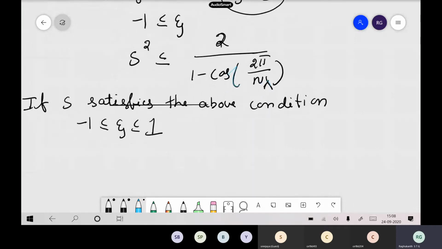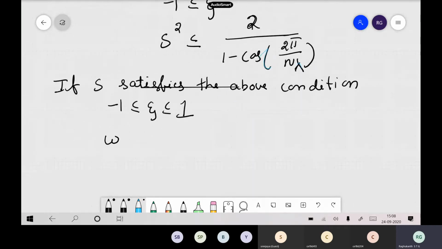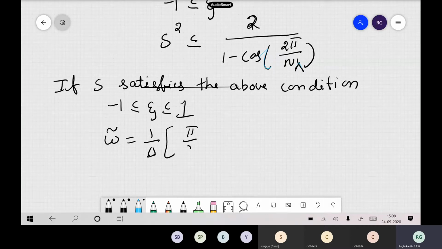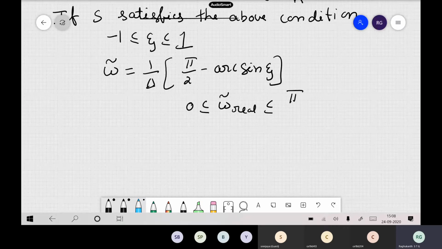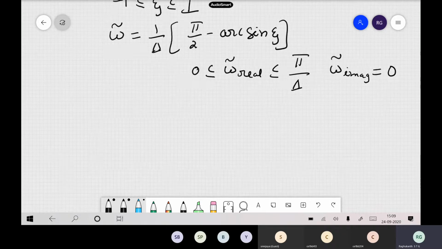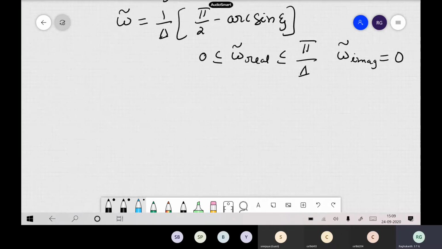So for this case, omega hat is 1 by delta times pi by 2 minus arc sine, the sine inverse of this expression. Now the real part of omega will be pi by delta, and the imaginary part is automatically 0.